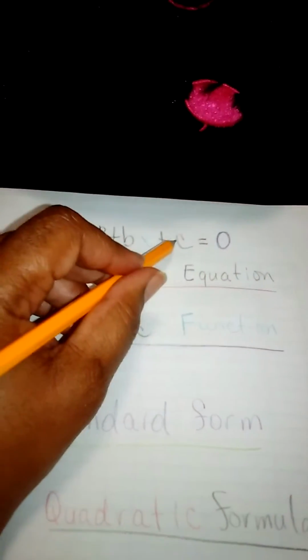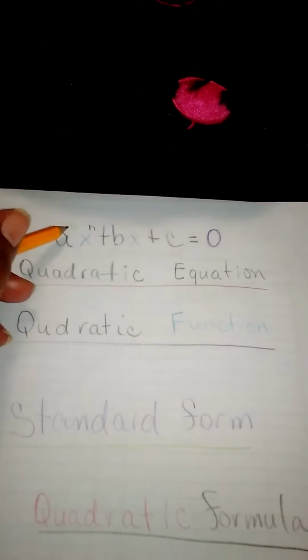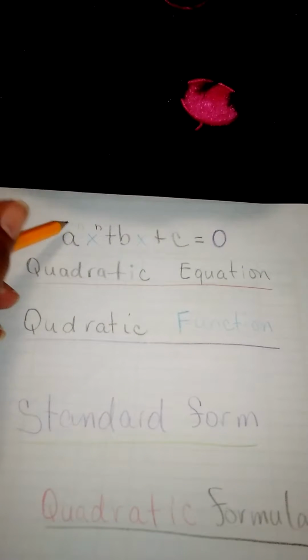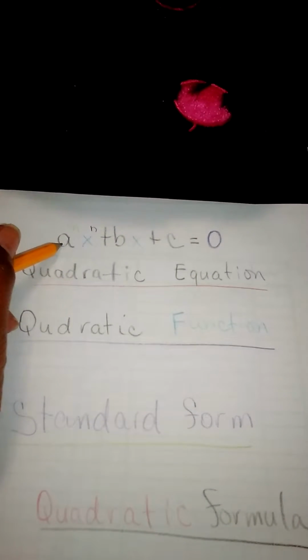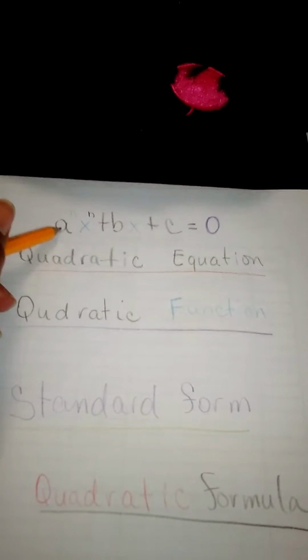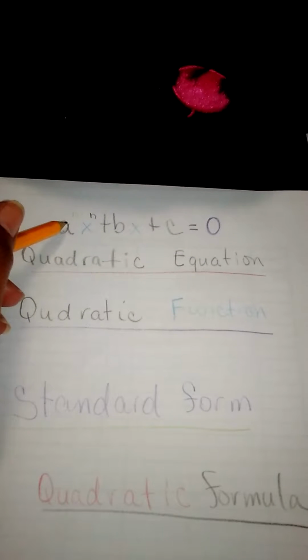So as you can see, it's a, b, c, and it equals 0. That would be the quadratic equation itself. It has a leading coefficient of no less than 1. In other words, the leading coefficient can never be 0. It has to be 1 or more than 1.